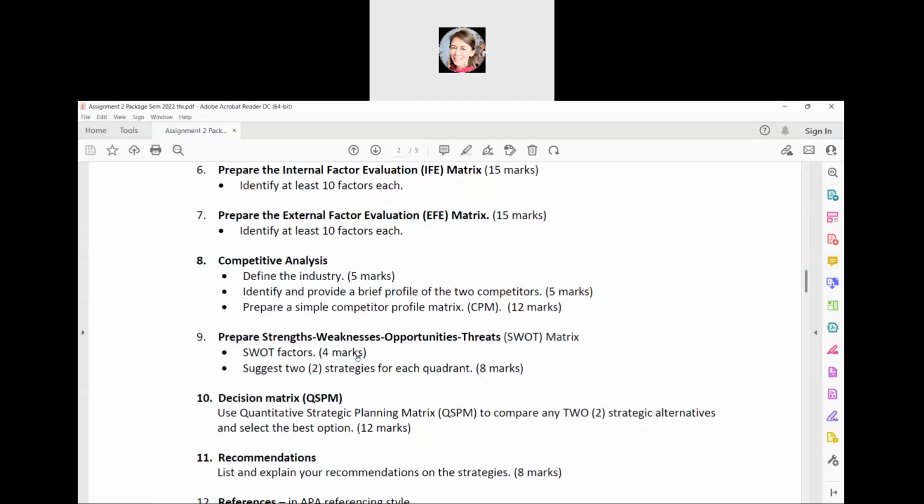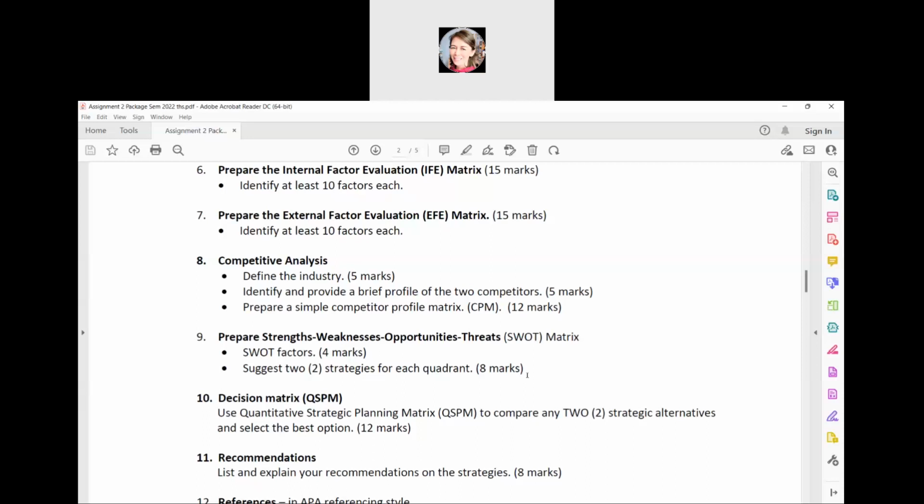This is 4 marks because it's basically moving these factors that you have analyzed and decided in stage 1 to stage 2, matching. That's why it's just 4 marks, because you have already done this, you have already decided. But you must have these SWOT factors.